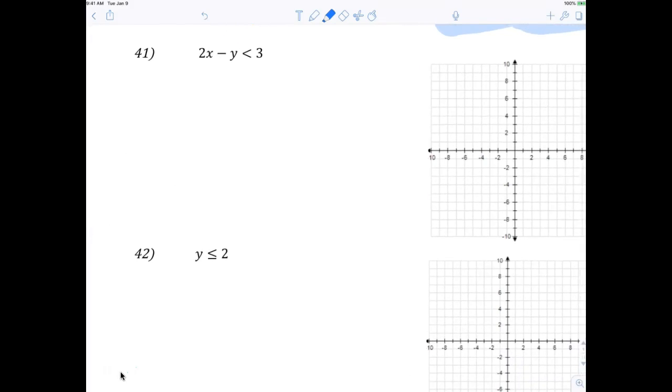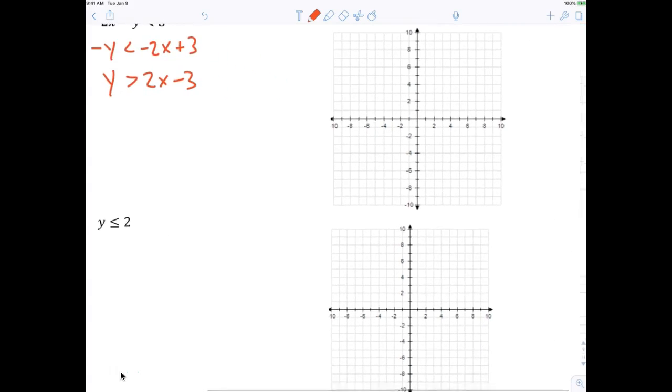Number 41. Negative y is less than negative 2x plus 3. Now what do I do to all the signs? Switch them. Change them. You're dividing by a negative. So y greater than 2x minus 3. Any issues? All right, so from here, what do I do? Go down 3, plot a point.